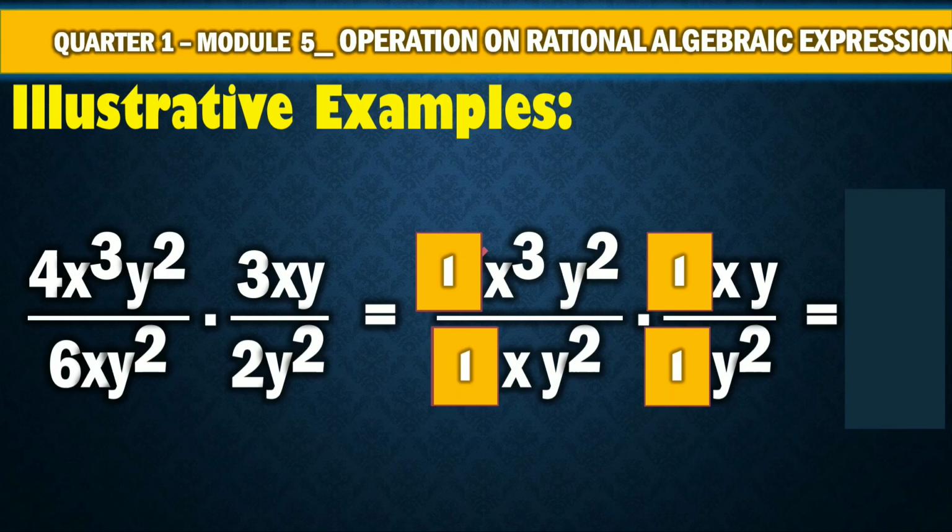Okay? Ngayon, dun tayo sa literal coefficient. So, x cubed, saka si x. Pwede natin i-cancel out yan. Pero kung mapapansin nyo, may mas madaling way. Pwede natin i-cancel out yung x dito sa denominator sa first expression, tapos dun sa numerator ng second expression. Tama? So, that is equal to 1, since same naman sila.